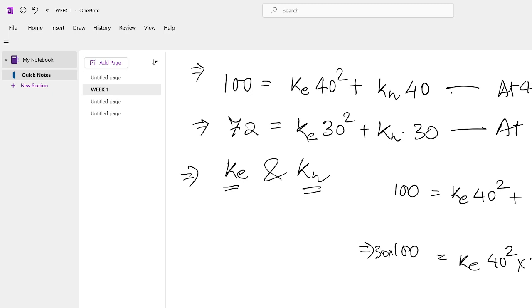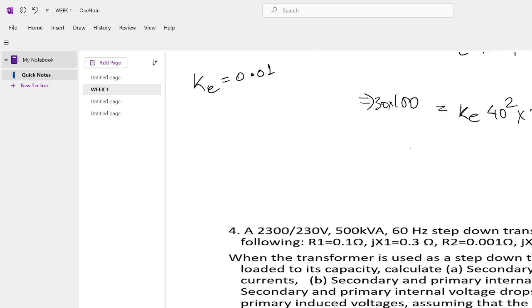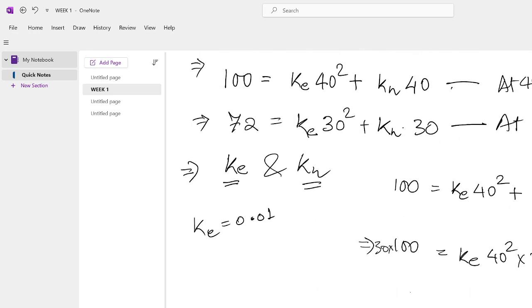Ke is equal to 0.01. Someone else? Please, sir, show me the equation.